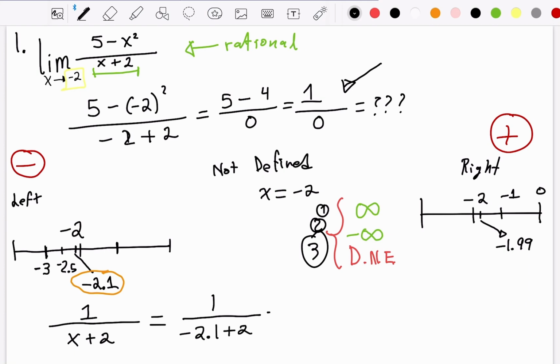And what is this? I have 1 over, what is -2.1 plus 2? That is -0.1. Here, you see, in the numerator I have a positive number, and in the denominator I have a negative number.